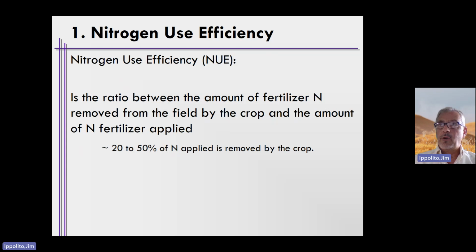The efficiency, or nitrogen use efficiency, oftentimes ranges between 20 to 50% of the nitrogen applied being removed. But I can tell you that this range is all over the board, right? So let me share with you why this is all over the board, or at least in terms of how it looks on a global scale.